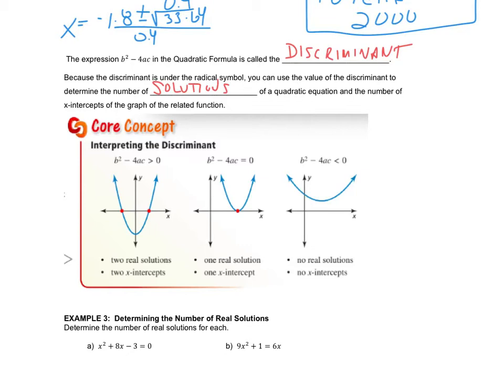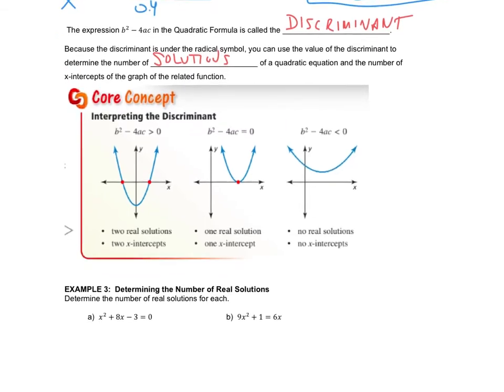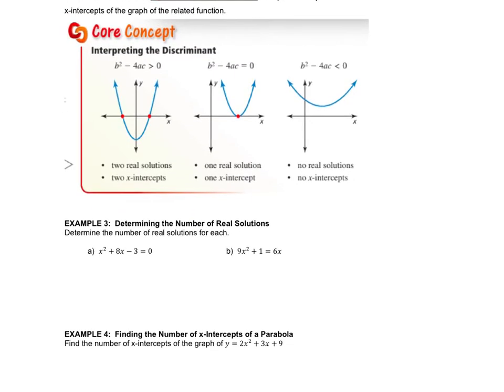Okay? So example 3. Determine the number of real solutions. Here's an example where, before I start plugging in this crazy long formula, I focus on what is really the most important right here. Before I do anything else, it's just saying determine the number of solutions.